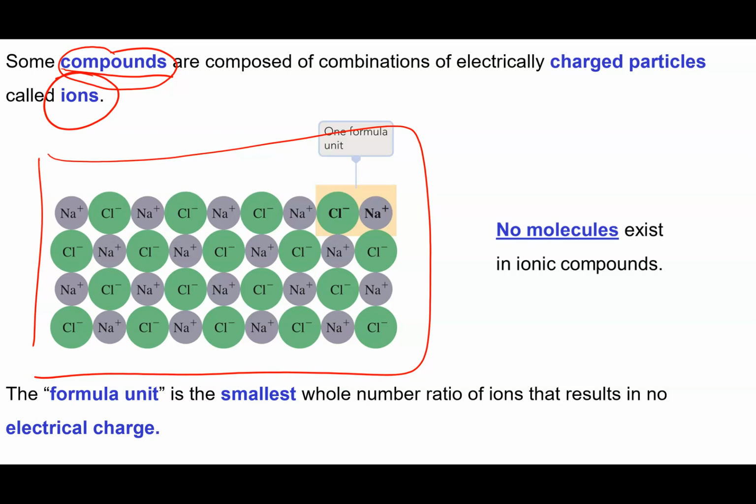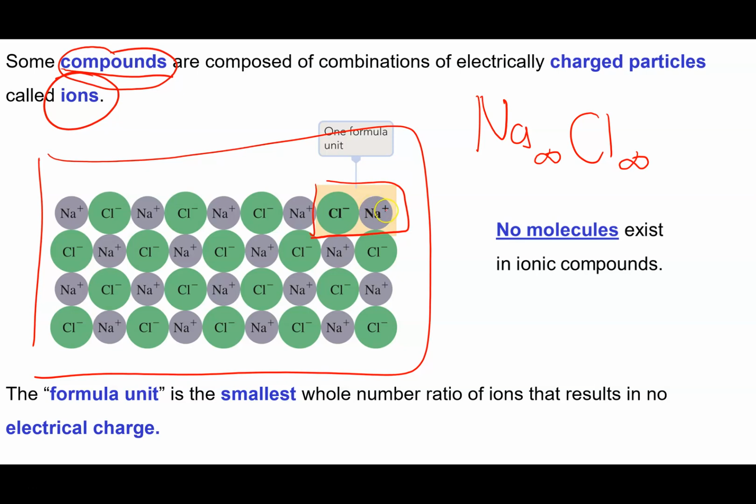So it's a little bit weird, because how would you write the formula of these? We couldn't write Na infinity Cl infinity. That would be weird, even though we kind of know that we have this approximately infinite array. What we do is we write the ratio of ions that are present in the smallest repeating unit, the smallest unit where the charges add up to 0.